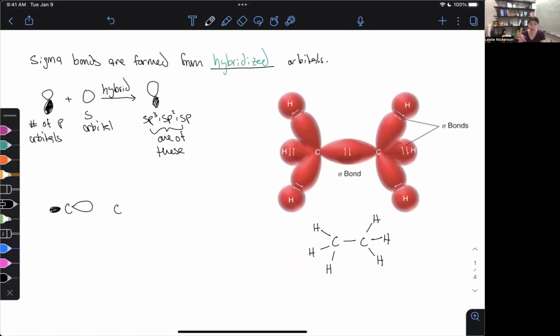Keep in mind, the shading doesn't really matter which side you're doing it on, as long as you still have that node in the middle, the place where the two colors don't match. And if you want to be making a bond, you need to have the two colors matching where you want the bond. So essentially what we have right here is 2 hybrid orbitals, and those are going to come together.